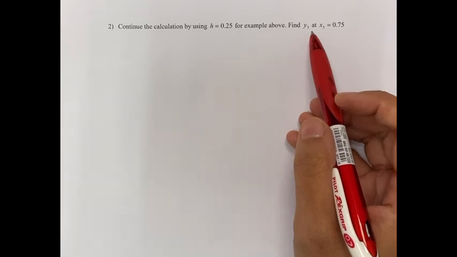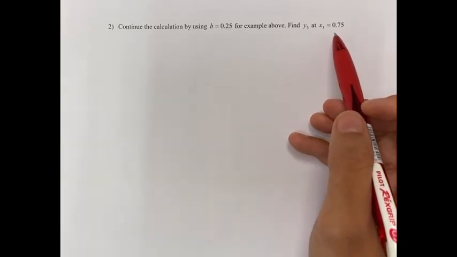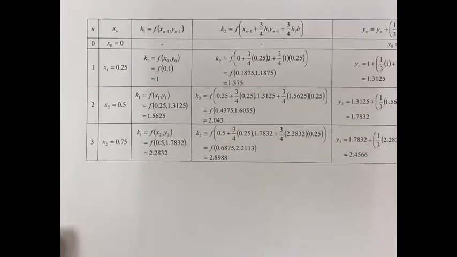This is the last example for this lecture video. You need to continue the calculation using h equal to 0.25, the same step size as before, to solve the previous example. But you need to find your y3 at x3 equal to 0.75. So what you need to do is just proceed with the next iteration.